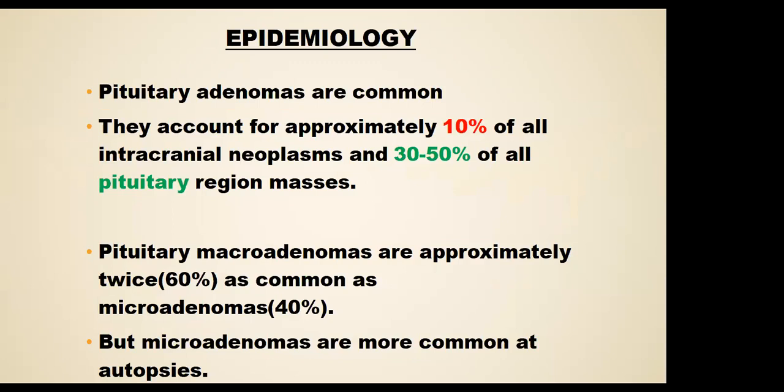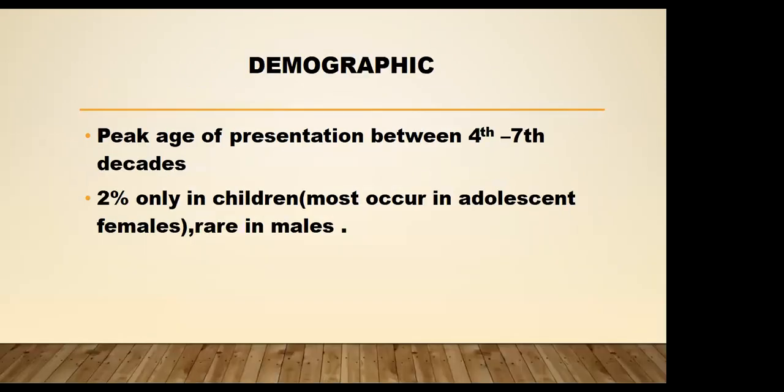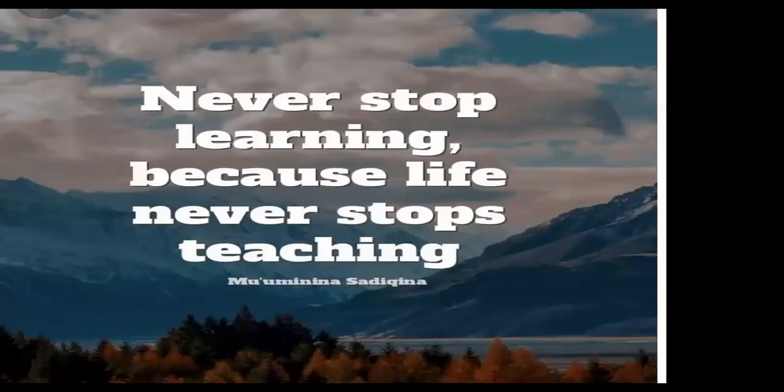Macroadenomas are approximately twice as common as microadenomas clinically, while microadenomas are more common at autopsy. The peak age of presentation is the 4th to 7th decade, with only 2% in children, mostly adolescent females, rarely males.